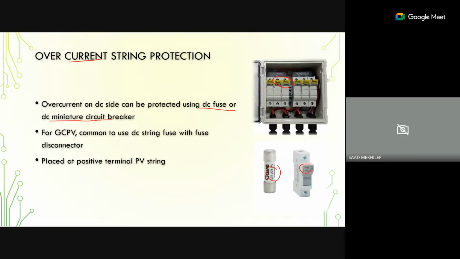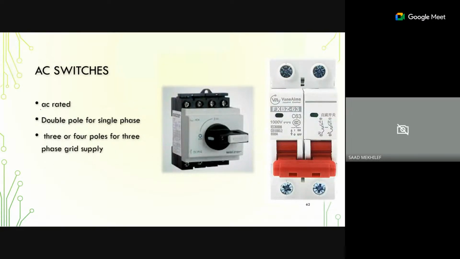You cannot simply use any AC circuit breakers, because DC circuit breakers have positive and negative, remember. On the other hand, after the inverter, we use the AC switches. This is actually very important. Usually double pole or single pole or three-phase, four-pole, three-phase, whatever. So these are also very important.